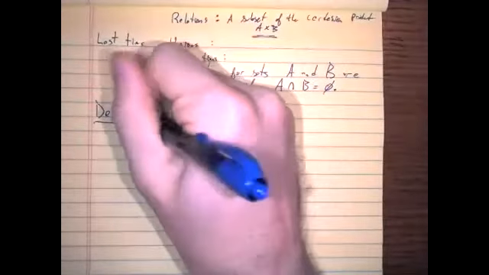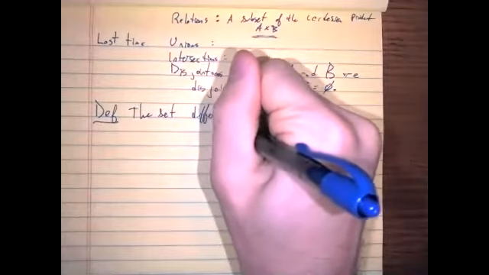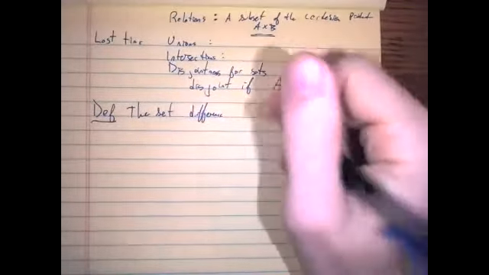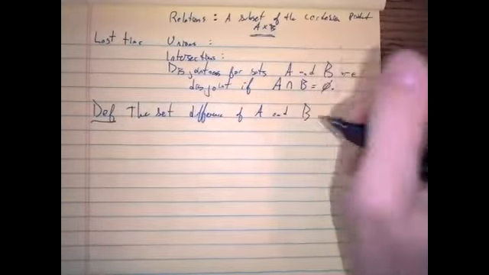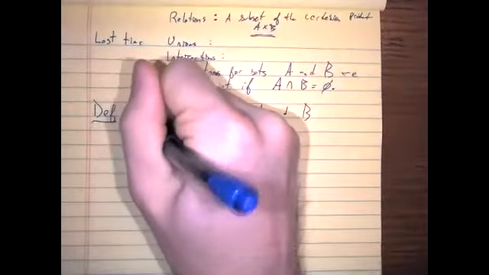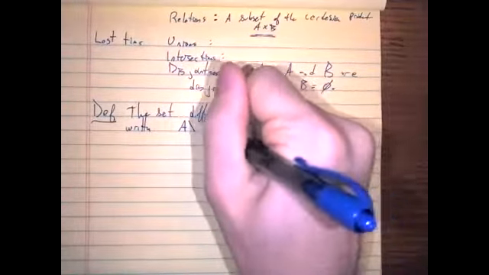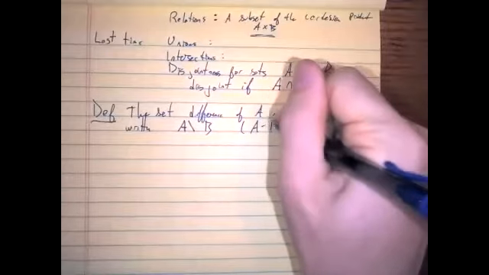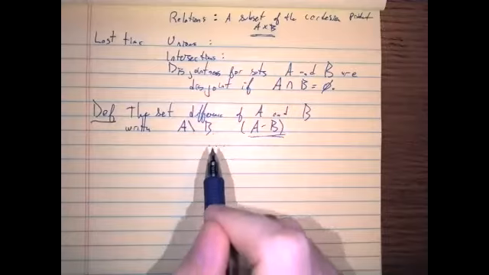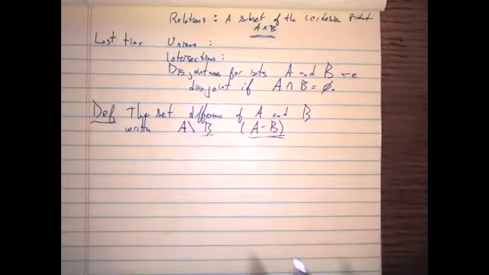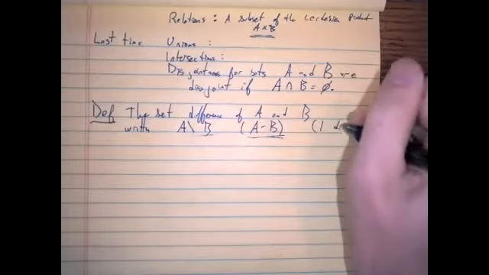So the set difference of two sets A and B, which is written A with this slash B. Sometimes it's written A minus B, but I dislike this notation, so I will almost always, and I hope the answer is always, write it in this way. I dislike this.